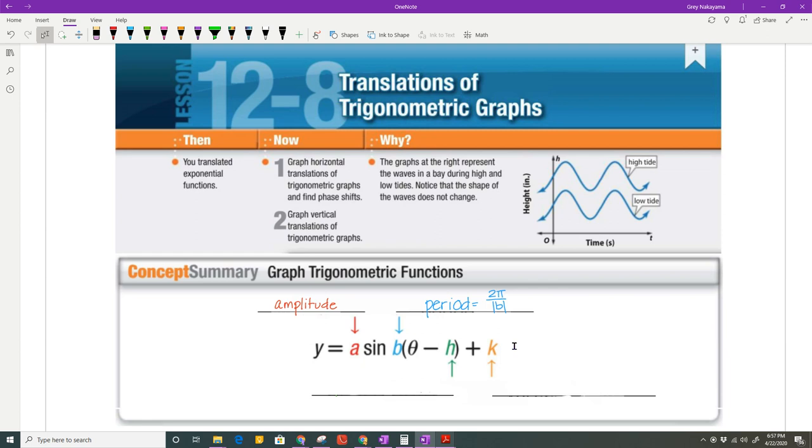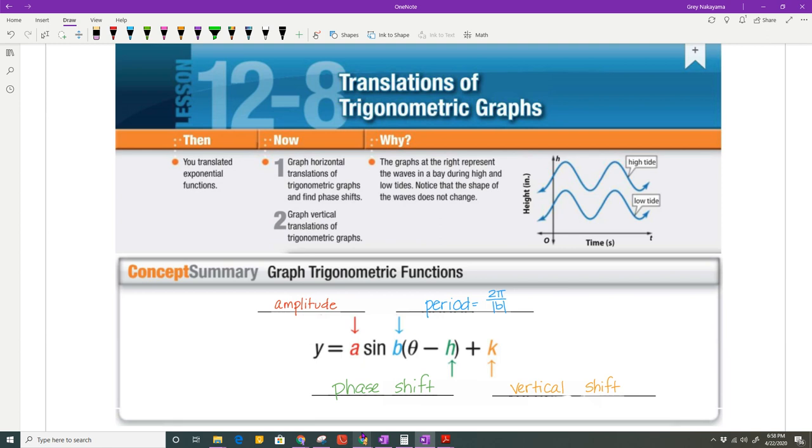H represents our horizontal shift, a horizontal translation. On a trig graph, it's referred to as your phase shift. And K is still your vertical shift.